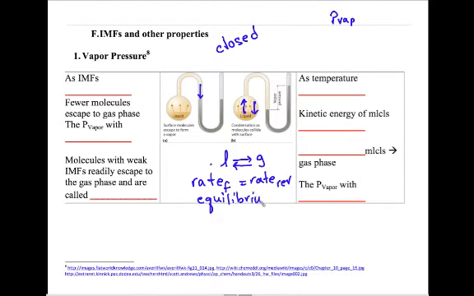It's got to be a closed container for this to happen. And it's a dynamic equilibrium because everything doesn't just stop. There's still condensation going on, there's still vaporization going on, but because the rates are equivalent, the pressure becomes constant. At that point, we call that the vapor pressure of the liquid.